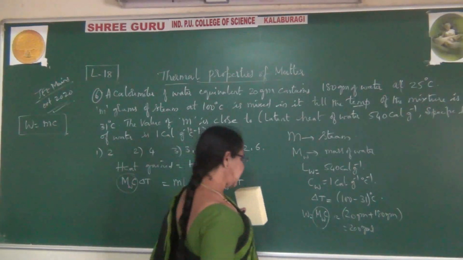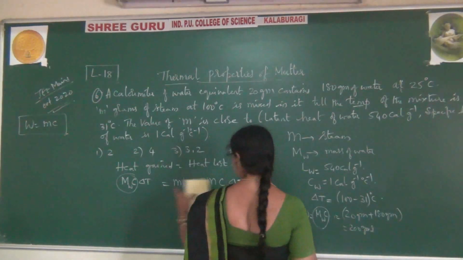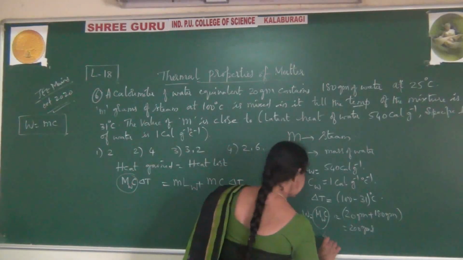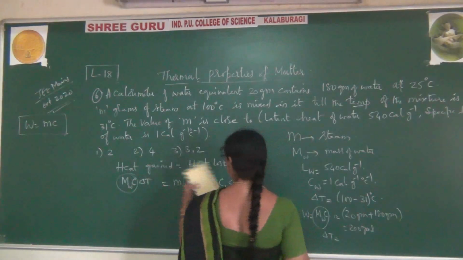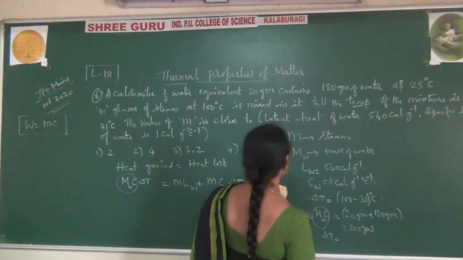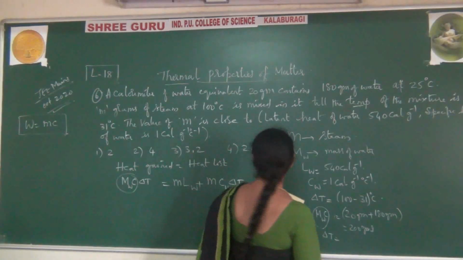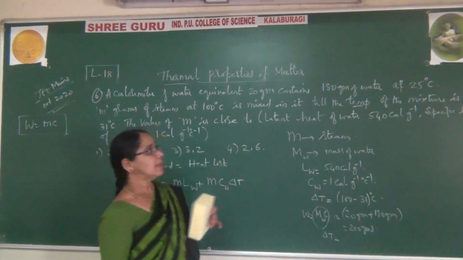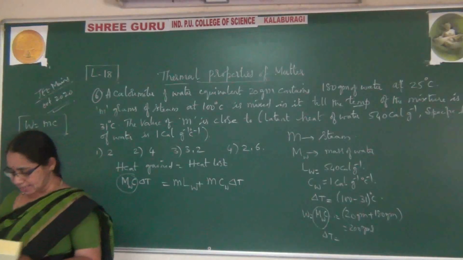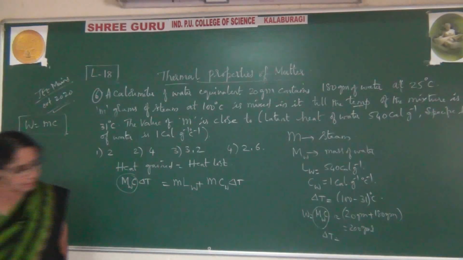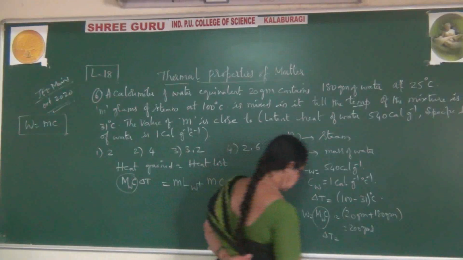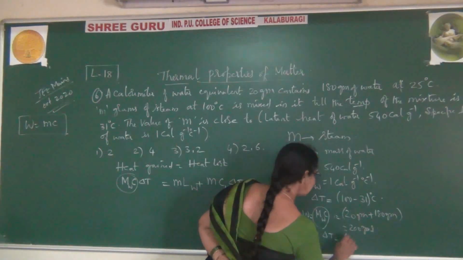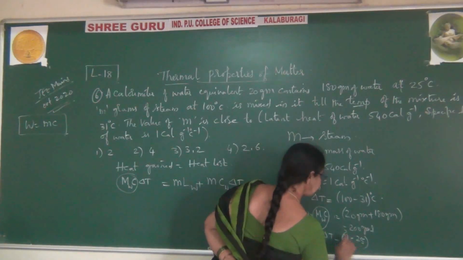What is delta T for this condition? Delta T is 31 minus 25, because the resulting temperature is 31 degrees centigrade. So let me write this as 31 minus 25.